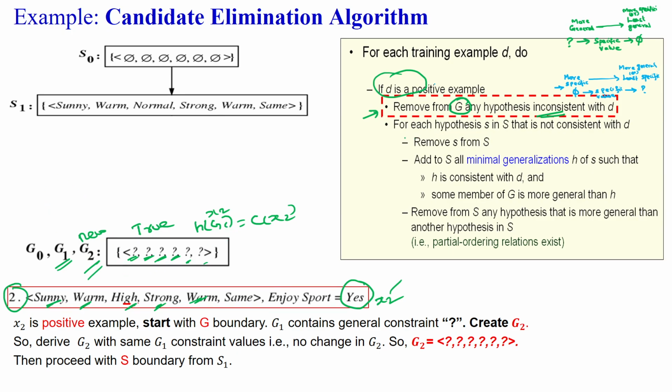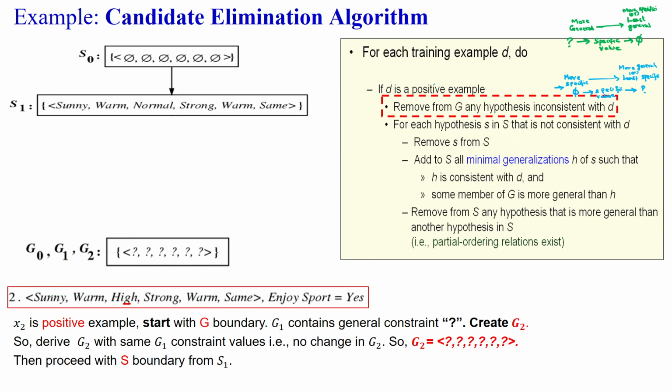Now the second step is we have to move to the specific boundary, capital S. In the specific boundary we have S1, and we compare it with the given training example x2. We compare with Sunny, yes it is matching. Then this is true and this is also true.